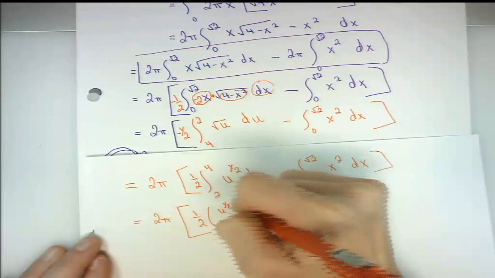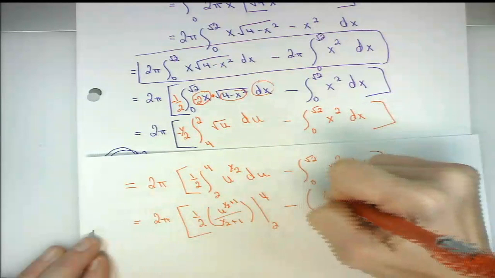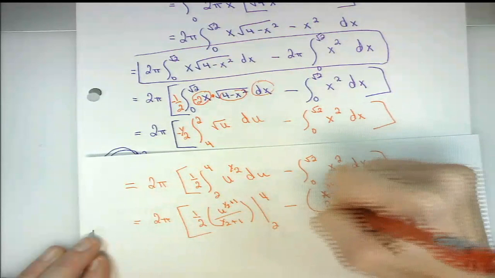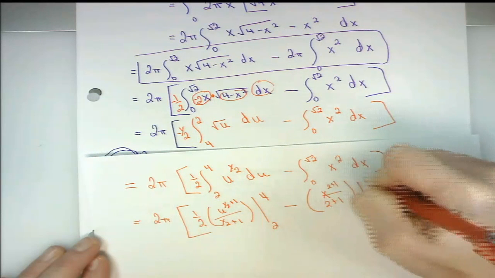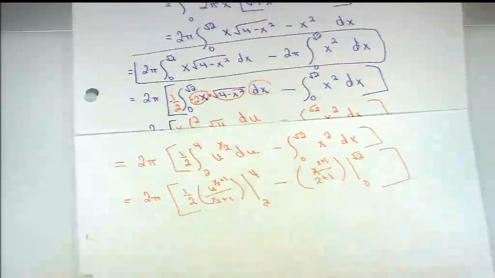Now I'm ready to apply the power rule, x to the 2 plus 1 over 2 plus 1 from 0 to square root of 2. That I'm going to do next.